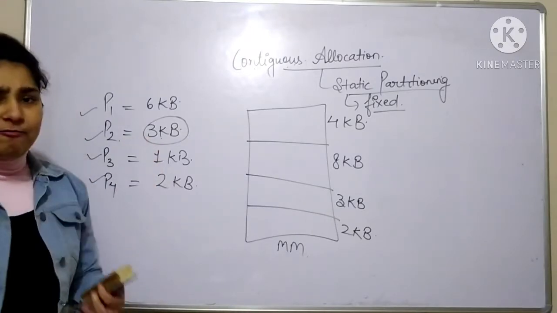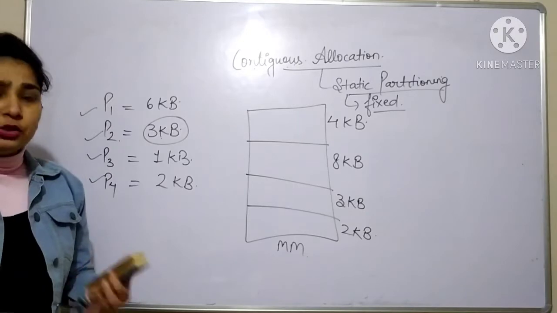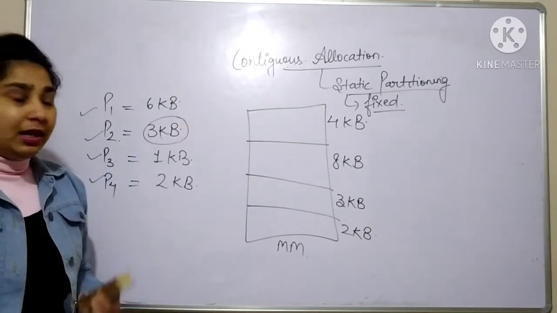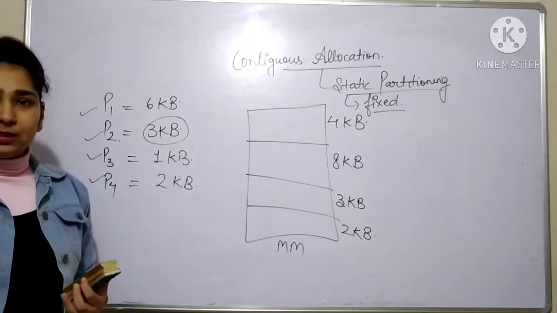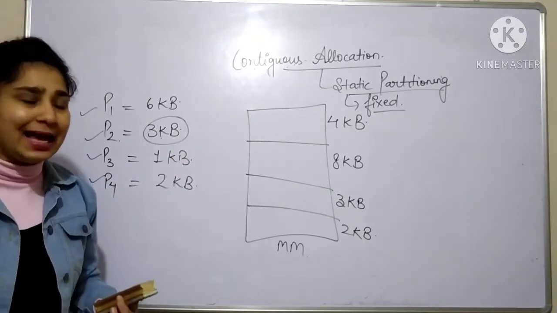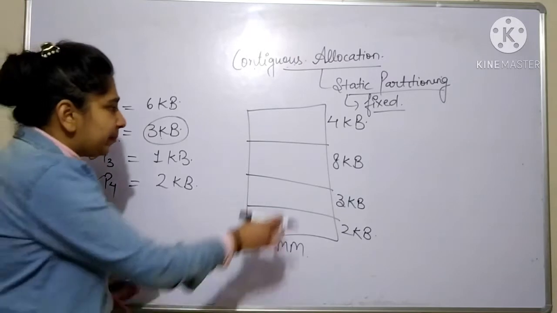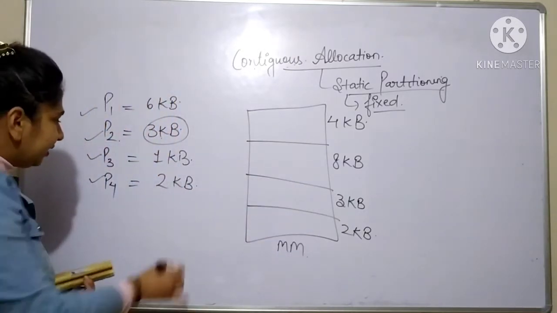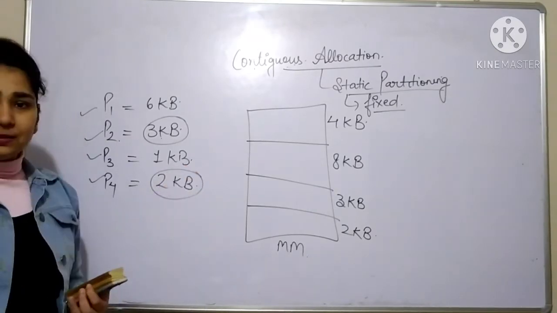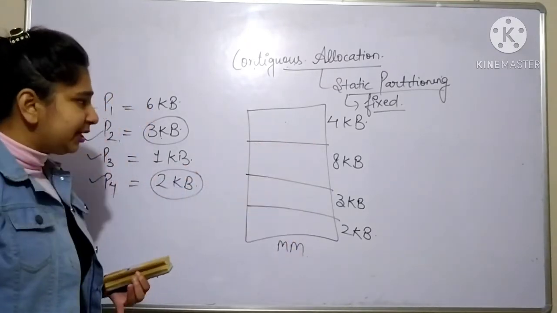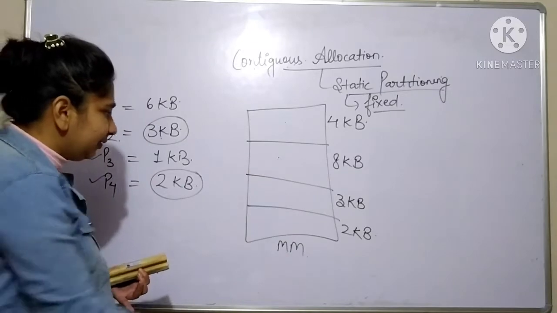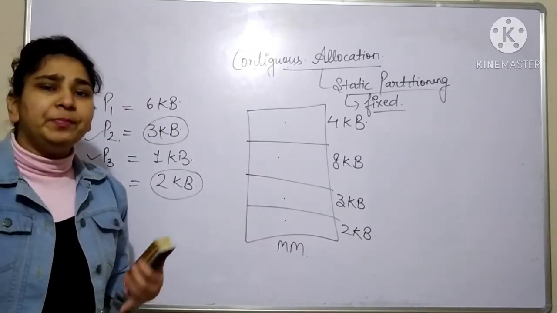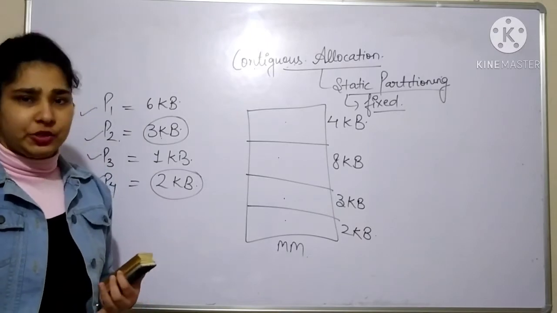We have many ways to assign memory to multiple processes, because one process, according to its size, can be kept in many partitions. If you look at your 2 KB process, it can be kept in this partition, this or this. So one process can be kept in many partitions.